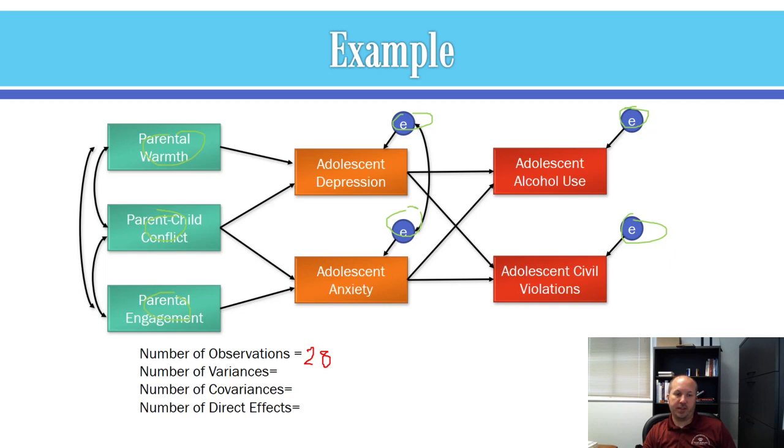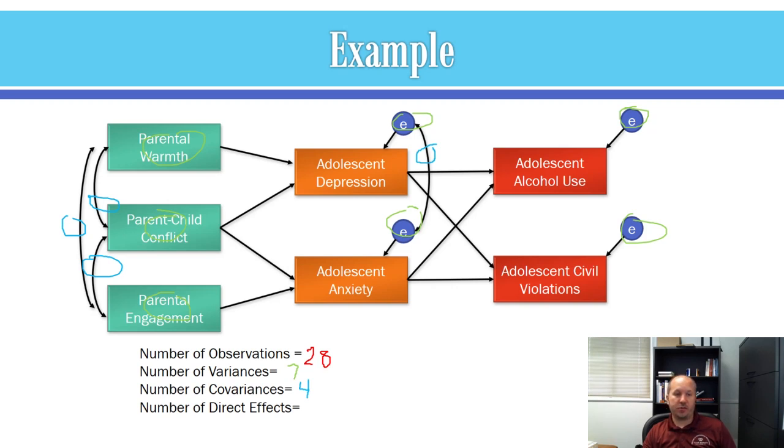So we have 7 total variances. And then we need to total up our covariances, our total number of correlations in our model. In this one, we have 1, 2, 3, 4 total correlations, because we have a correlation between 2 disturbances, 2 error terms.